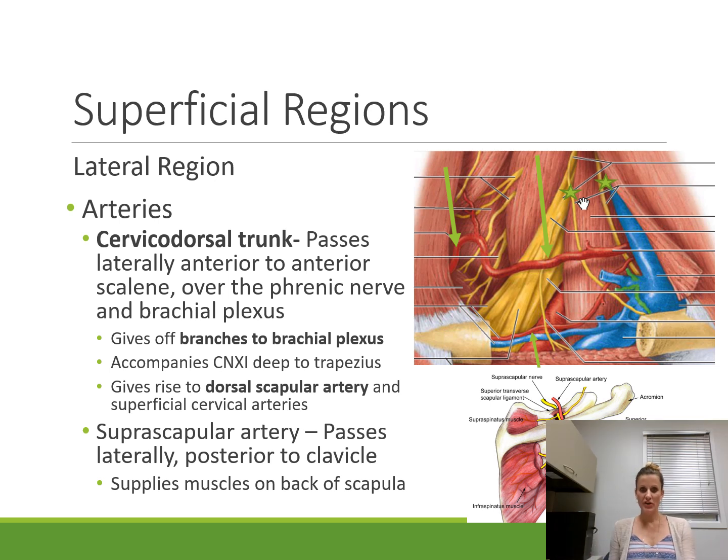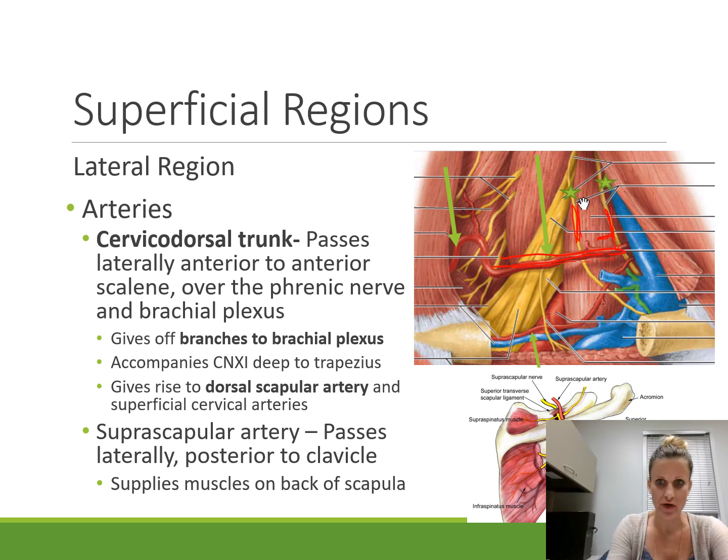We'll look at the arteries that are present in the lateral region. The cervicodorsal trunk is this kind of large one that you see right here, going through the cervical region towards the dorsum, right, or towards the back. The cervicodorsal trunk passes over the anterior scalene, and then it passes over the phrenic nerve. So both of these are showing you roots of the phrenic nerve.